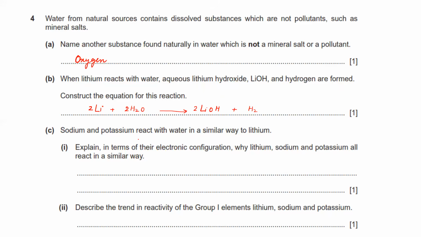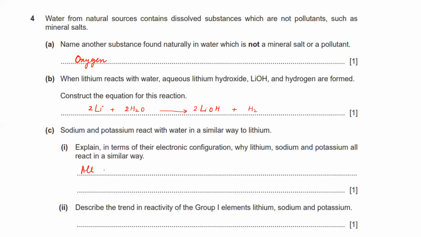So remember, lithium, potassium, sodium, all are group 1 elements. They have one electron in their outermost shell. So the way they react will be the same. If you have to explain it from an electronic configuration, the reason is that the outermost shell for all these elements has one electron.